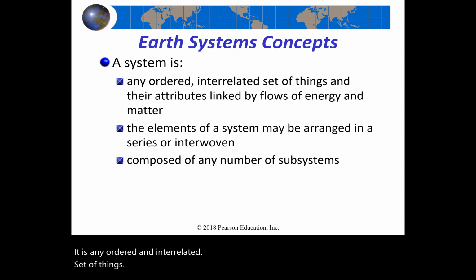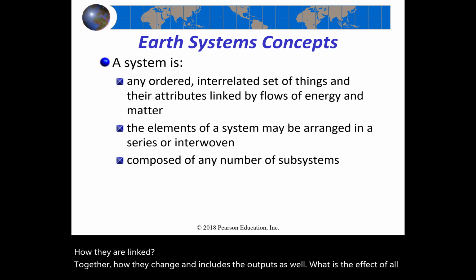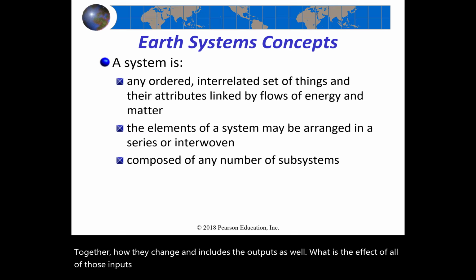The inputs that go into the system, whether they are energy or matter, how they are linked together, how they change, and it includes the outputs as well. What is the effect of all of those inputs and changes, how they're related to each other, and how they might affect each other and the system itself.